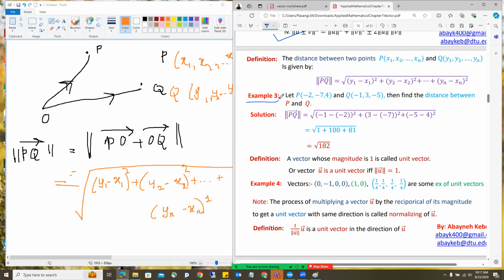Can you do this example? Try out this example 3.